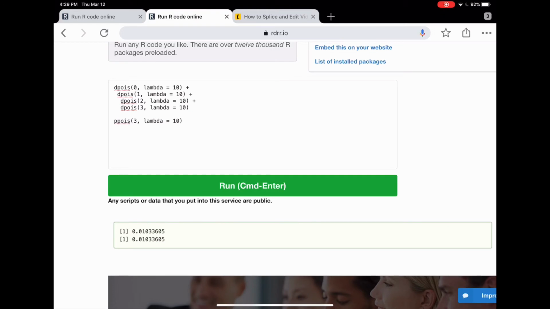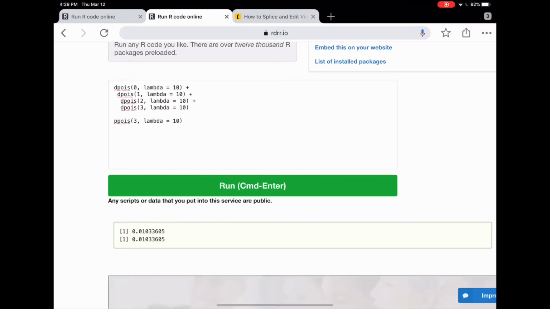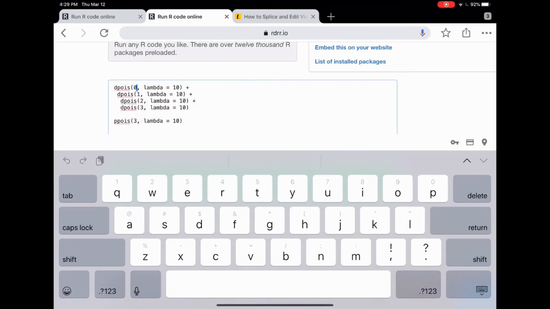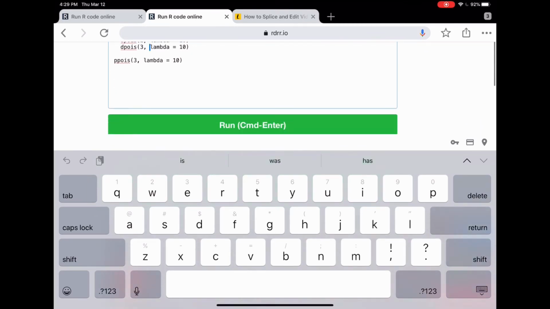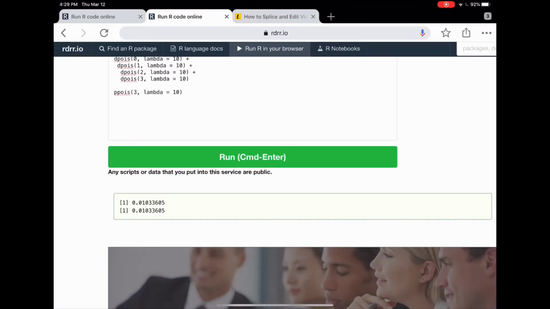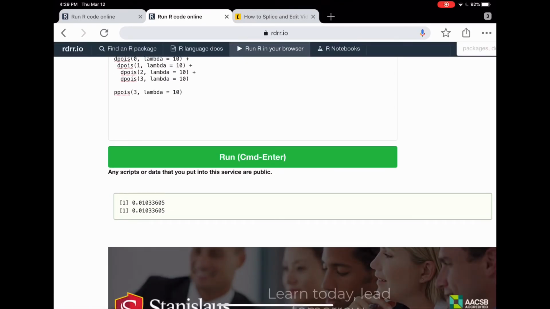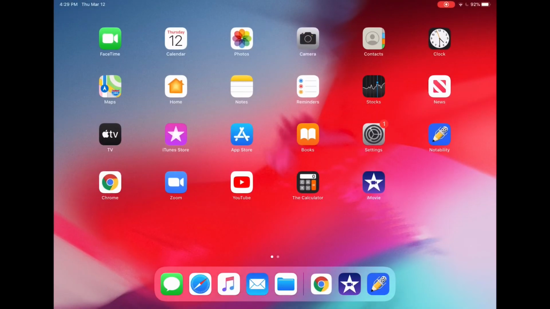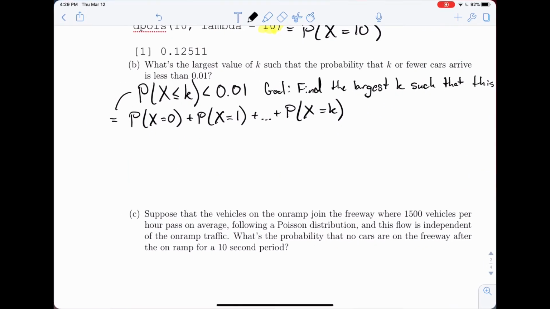That is, I add the probability mass function for 0, 1, 2, and 3 all together, and I get a number, 0.0103365. So this is larger than what we're looking for.